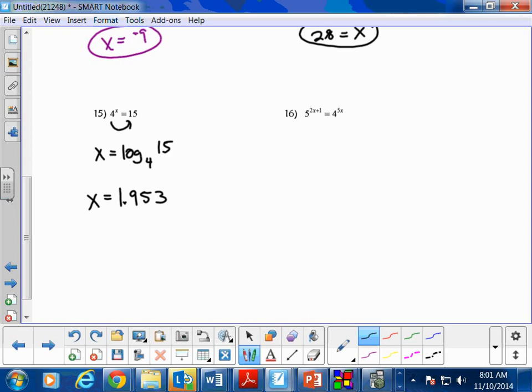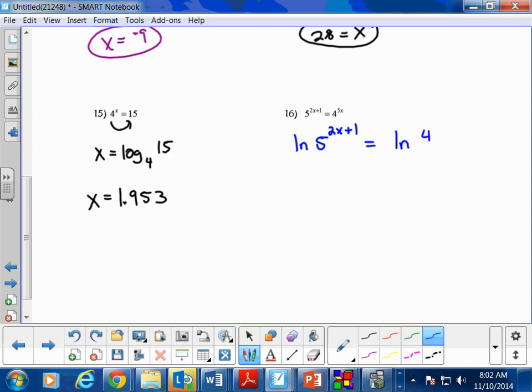With this one, the essential thing we have to do is get the variables that are exponents into actual manipulatable forms. The way we do that is by using natural logs. What do I mean? I'm going to apply a natural log on this side and also a natural log on this side.